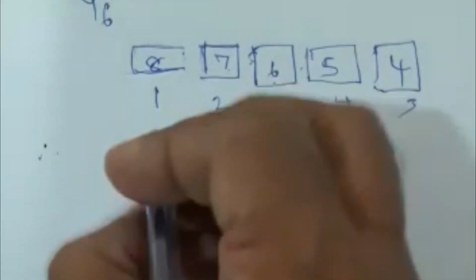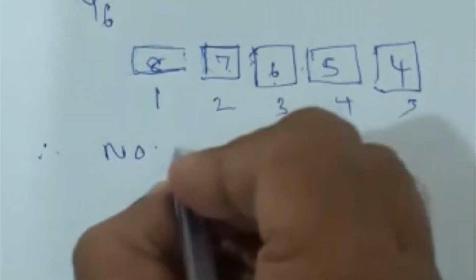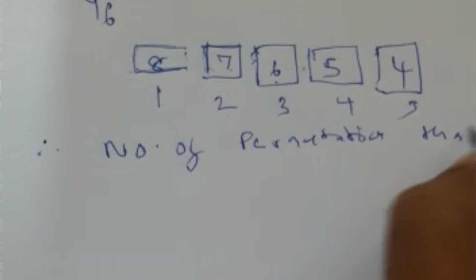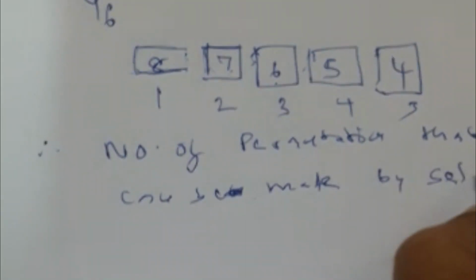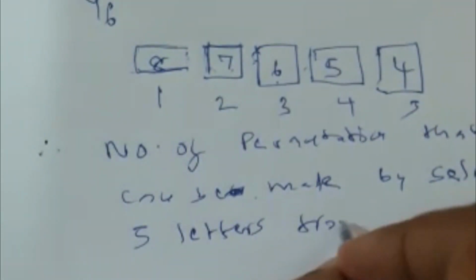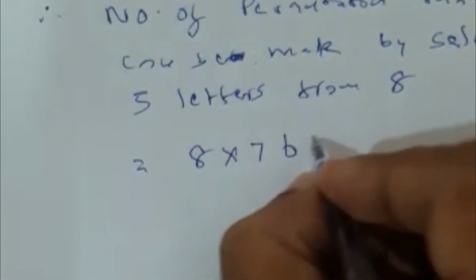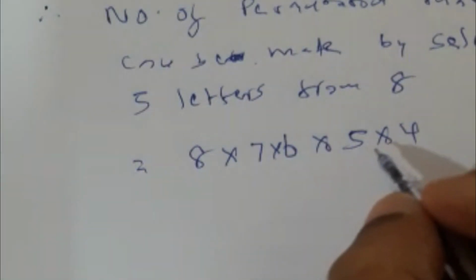So the number of permutations that can be made by selecting 5 letters from 8 is equal to 8 into 7 into, you have to use the principle of multiplication, the fundamental counting principle.